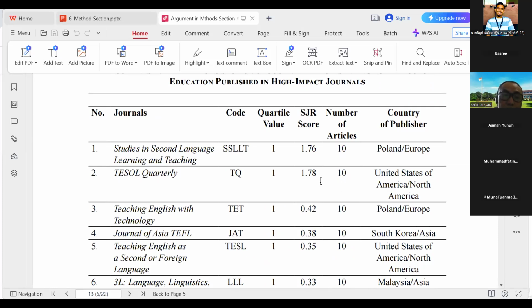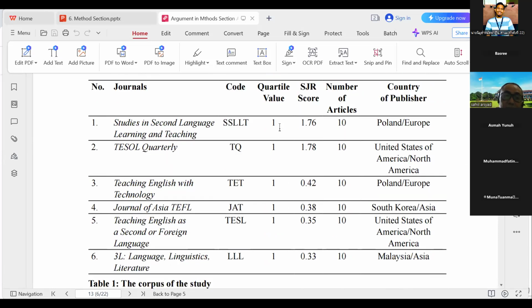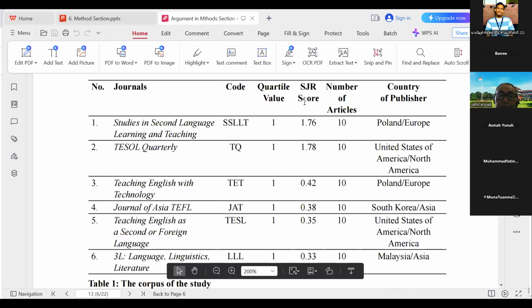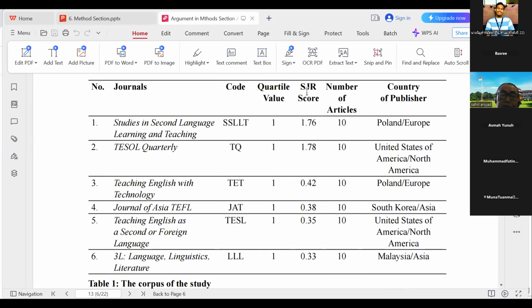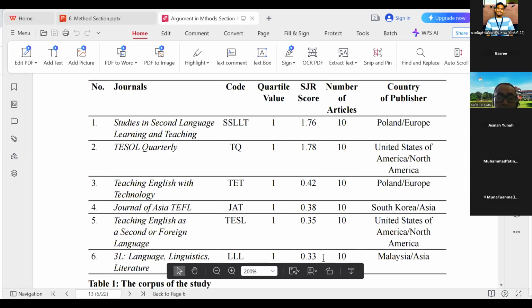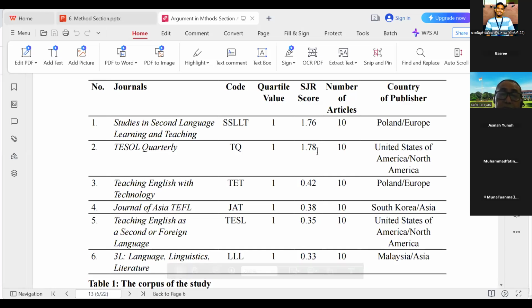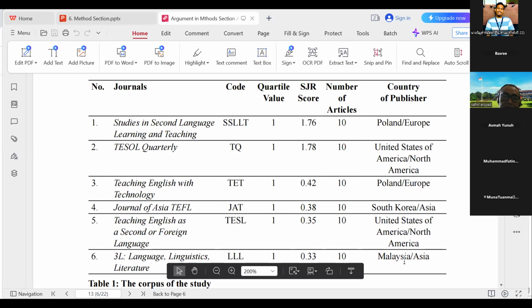They are all quartile one journals in Scopus, with SJR score, Scimago Journal Ranking score, the lowest is 0.33, the highest is 1.78. And the journals are published in different areas: Europe, Poland, United States, Poland again, South Korea, United States, and Malaysia.